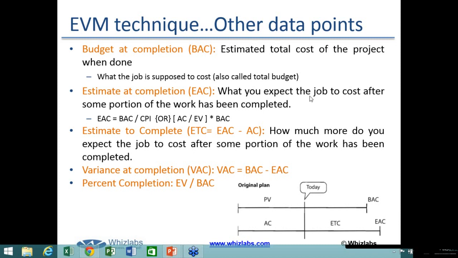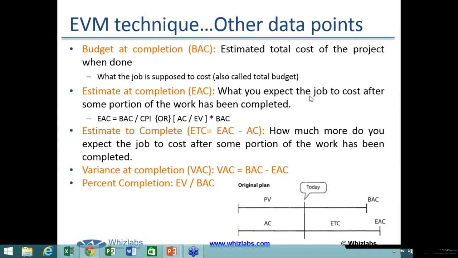Where EV is less than AC. So estimate to complete means the balance budget required to complete the project. Okay, that is what I understood.